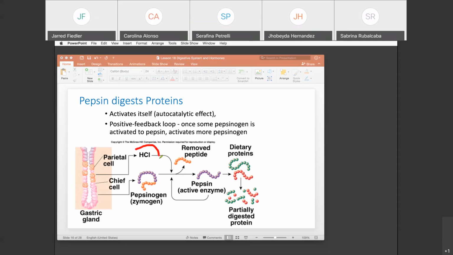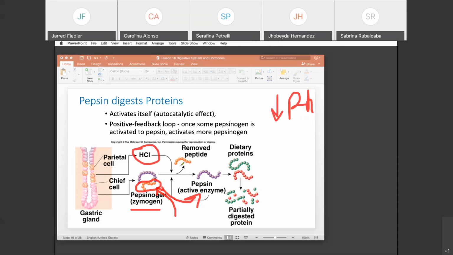Remember, hydrochloric acid is going to reduce the pH, and this is going to cause pepsinogen to be converted into its active form, pepsin. You can see here that this section over here is going to get cleaved off. This peptide gets cleaved off with the help of the acidic environment caused by hydrochloric acid, and once it gets cleaved off, it's going to allow pepsin to be activated.